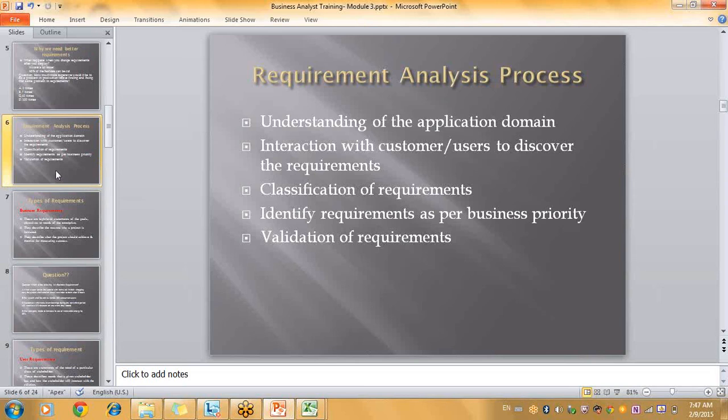Requirement analysis process, as I said, just to give you an understanding of the application domain, right? So when I say application domain, if you are building a website, you should know what that application is. If, say for example, the domain is just a website, correct?